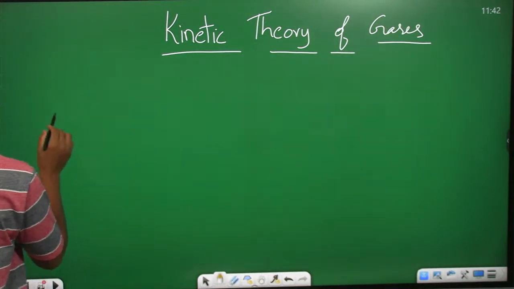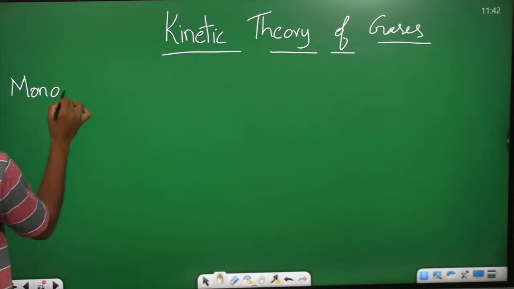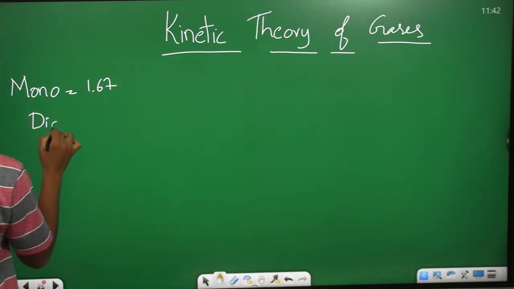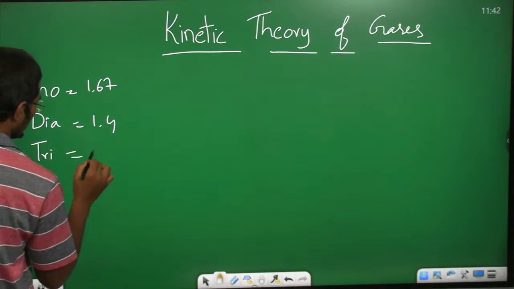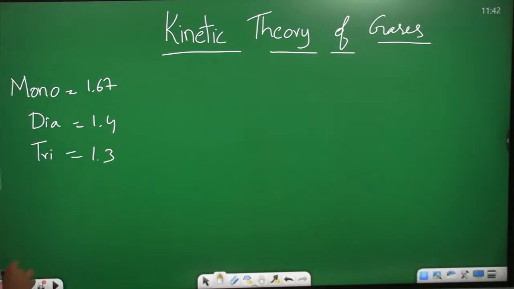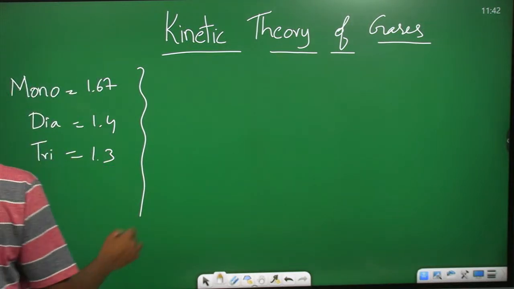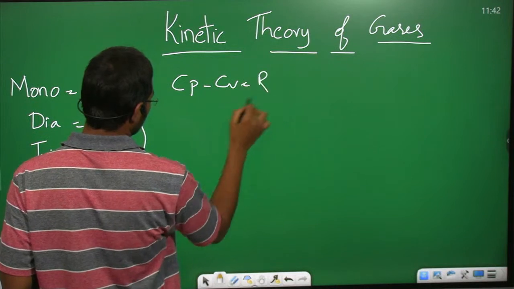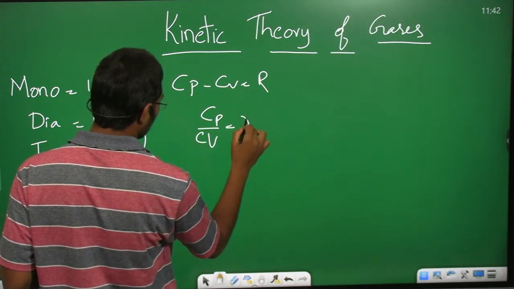First, let's look at gamma. For monatomic gas it is 1.67, diatomic 1.4, triatomic 1.3. Still, Cp by Cv is equal to gamma.